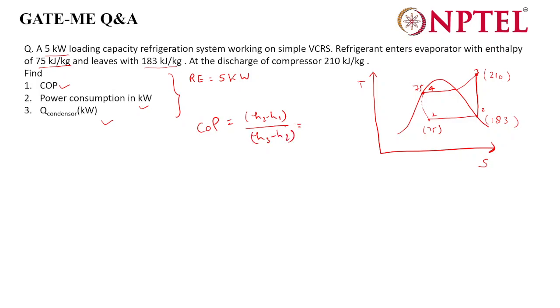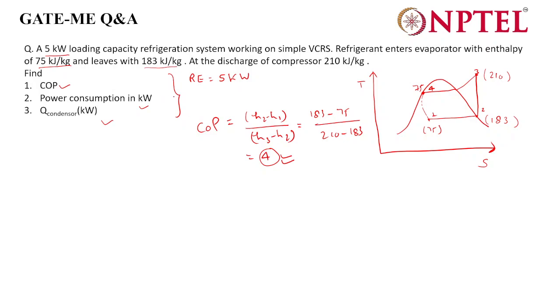So we know the enthalpy of all points, and we can put in the values: 183 minus 75 by 210 minus 183. When you solve, what would be the answer? 4. How many of you found the answer 4? Yes, sir. 4. Okay.